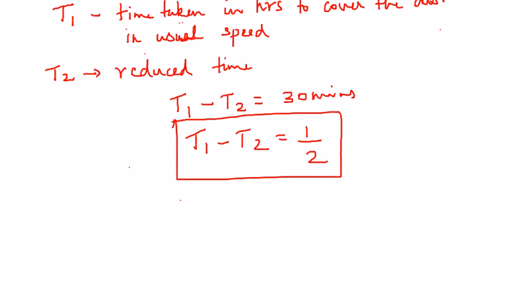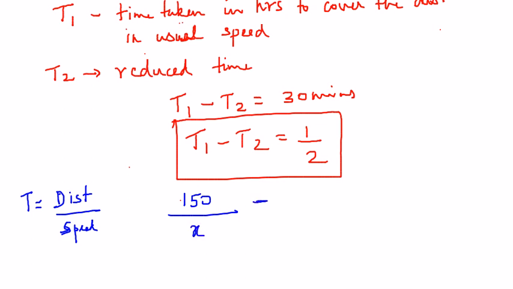So how do we solve that? You should know the formula: time is equal to distance by speed. In the case of t1, the distance is 150 divided by the usual speed x, which is what we have to find out. x is the usual speed. t2 is, the distance is still 150 but the speed is increased by 25 kilometers per hour, and this difference is equal to 1 by 2.